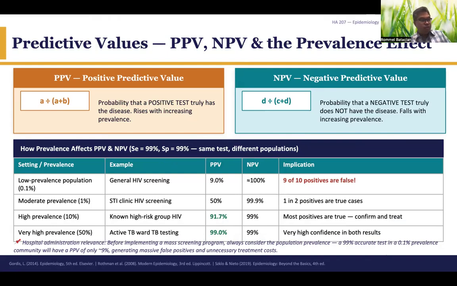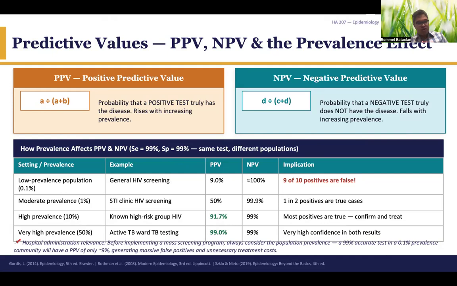Other metrics that you would measure for screening and diagnostic tests would be the predictive values. If we go back to sensitivity and specificity, they answer the questions: how good is the diagnostic tool at finding cases, and how good is it at ruling them out. But you, as a clinician or a staff member in the hospital, ask a different question.